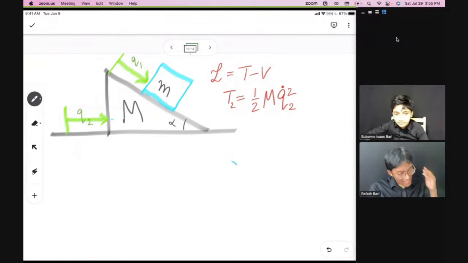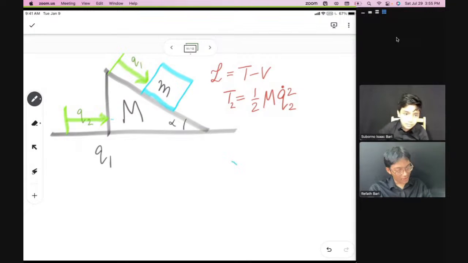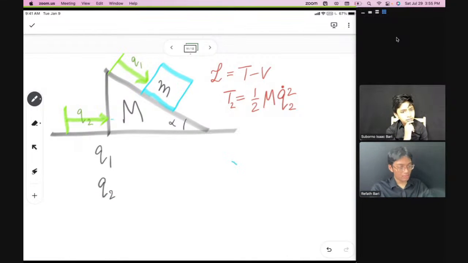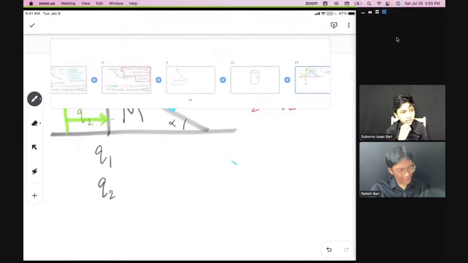So now we're going to express q1 and q2 in terms of our regular x and y coordinates. So let's see if I can do that. I think q2 can just be described as our x coordinate. Meanwhile, q1 can be described as probably x. Wait, no. Let me see what we did before.